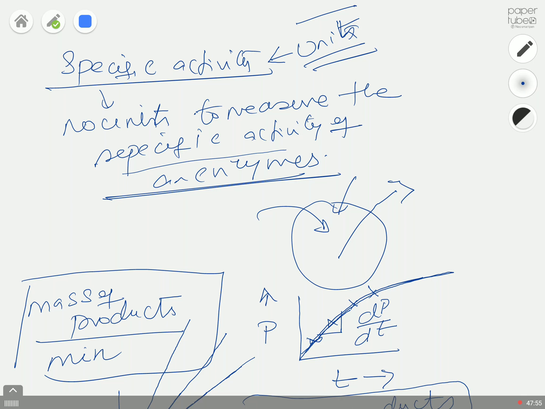Probably they have some practical difficulties to define a definite unit. Like for concentration, you can tell the unit is grams per liter or moles per liter, or if you take weight, you can tell in grams, milligrams, or kilograms. But how much product is converted per unit time by your catalyst, that's very difficult to fix a unit for.